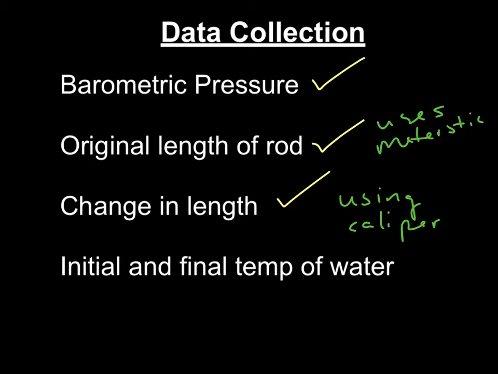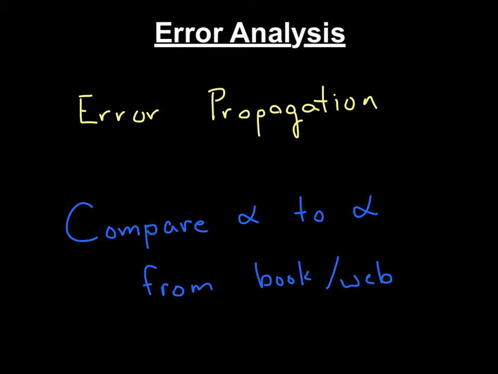And then you need your initial and final temperature of the water, which you get from your barometric pressure in a nice table. For your error analysis, error propagation like always, and then compare alpha to alpha from the book or the internet. Probably don't just go ask random strangers unless they're reputable sources and not prone to just making up numbers.